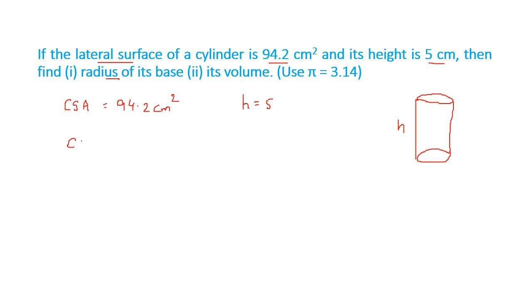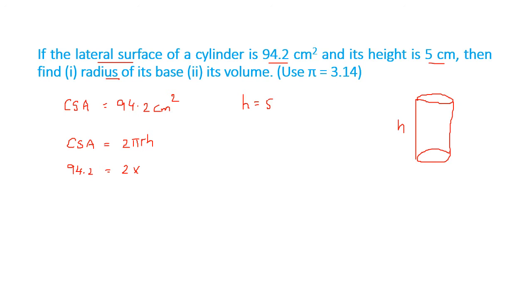So you know the formula, CSA of a cylinder is 2 pi RH. CSA is given 94.2. So we'll write 2 into 22 by 7. Oh, we have to use pi 3.14. Sorry. So the pi to be taken is 3.14.